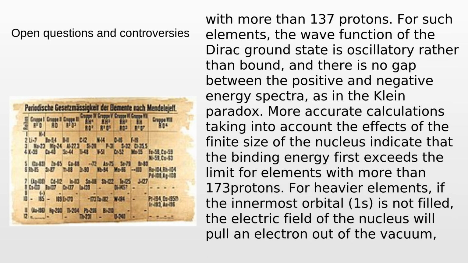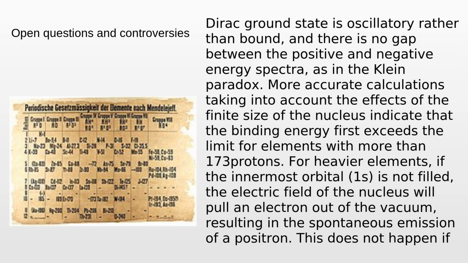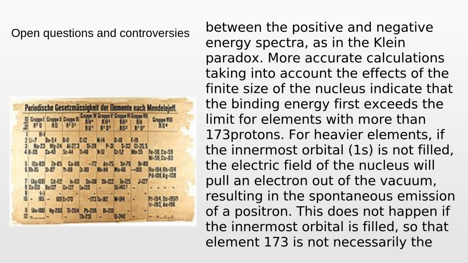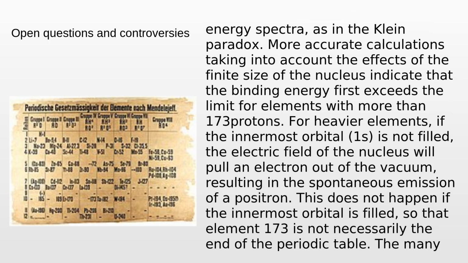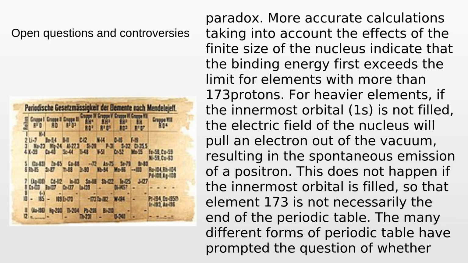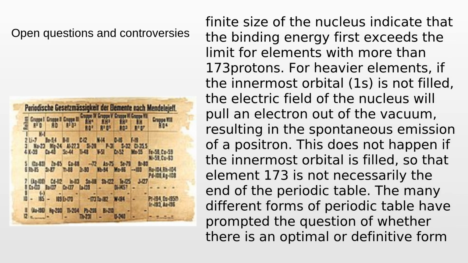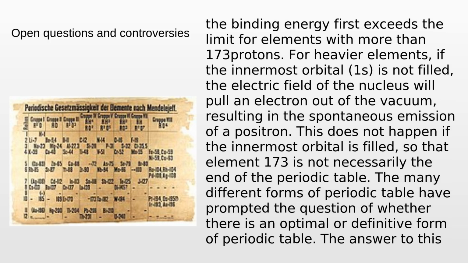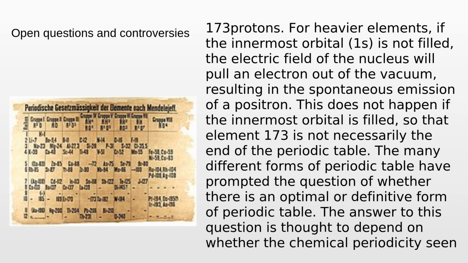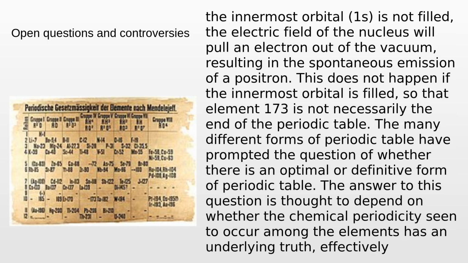The relativistic Dirac equation has problems for elements with more than 137 protons. For such elements, the wave function of the Dirac ground state is oscillatory rather than bound, and there is no gap between the positive and negative energy spectra, as in the Klein paradox. More accurate calculations taking into account the effects of the finite size of the nucleus indicate that the binding energy first exceeds the limit for elements with more than 173 protons.